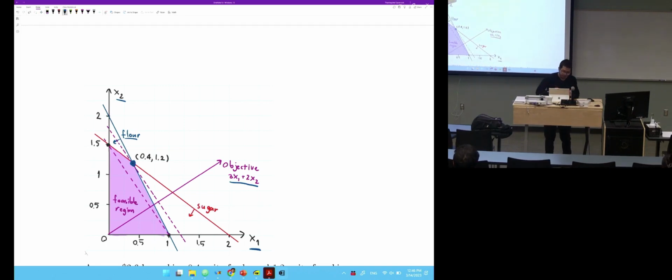How to see that? Well, you can just project this point onto the objective direction, and it's here. And if you take any other point in the feasible region, let's say this point or another point, once you project it onto the objective direction, it doesn't go as far as this point. So you get that this point in the feasible region is the best solution.